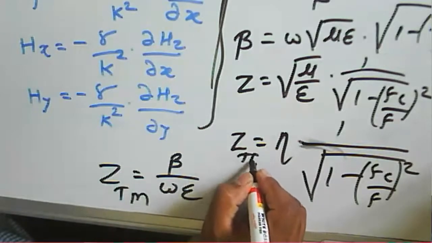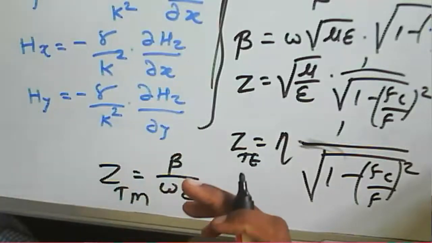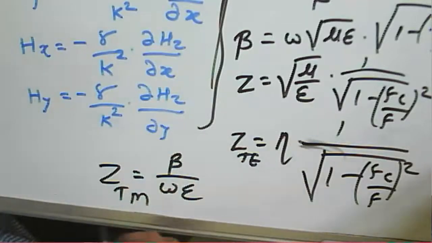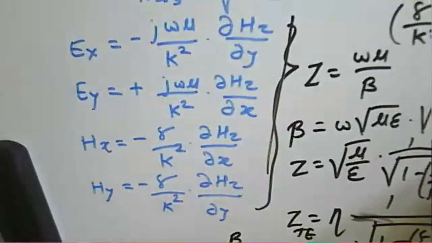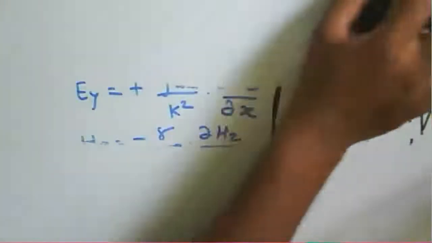This is for the TM mode. So the equation will be changed here. What we have written earlier for the power transmitted for the TE mode or TM mode of propagation, in that case we will get Z in terms of intrinsic impedance and frequency.